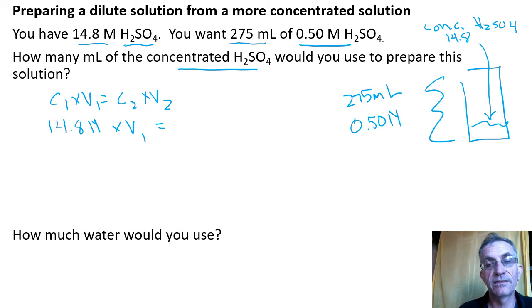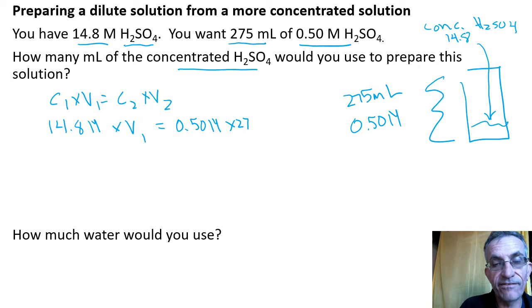I want 0.5 molar sulfuric acid, and I'm trying to create 275 milliliters of it. So if I want to see how much I need to use, I think I'm on the right track. Now I just have to get V1 by itself.